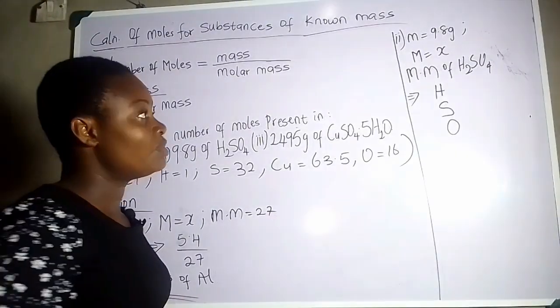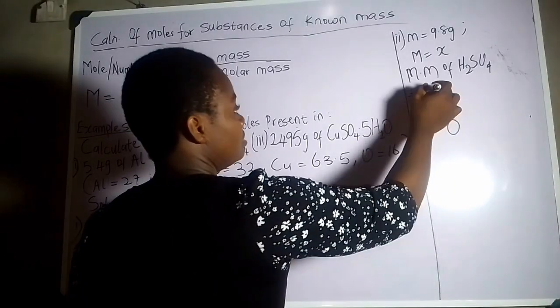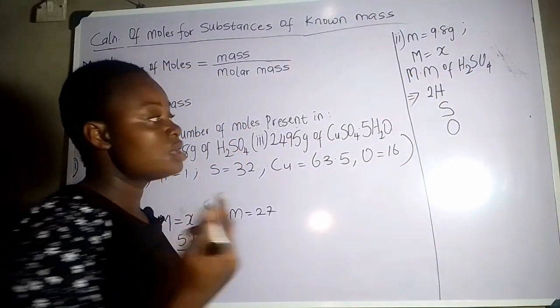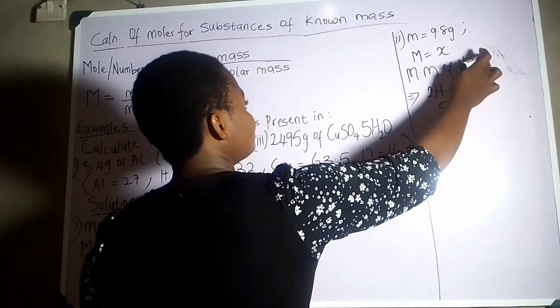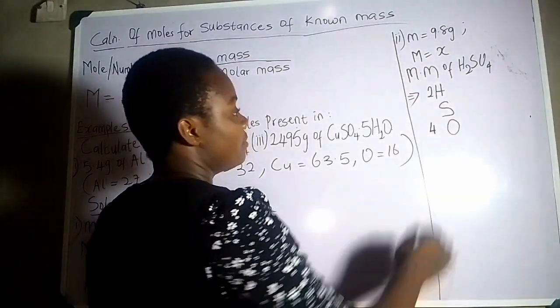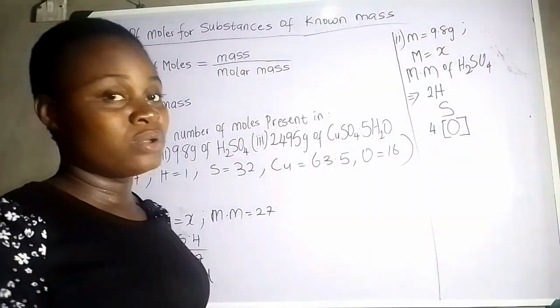They are very much important. It means that for hydrogen, there are two, so you simply add 2 here. Sulfur here is just 1, and then oxygen is 4. So I can simply add my 4 here. Let me put this in brackets so you don't think this is 40.